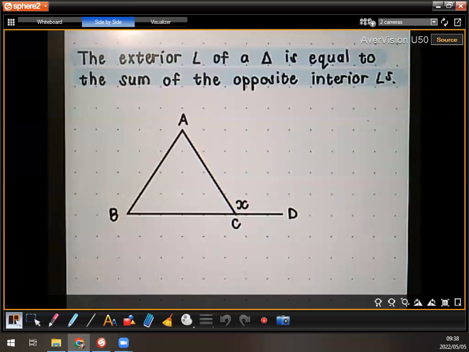I'm just going to draw another triangle and then we're going to do actual calculations. So if you can please also copy down this triangle.